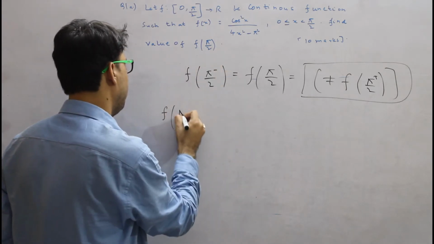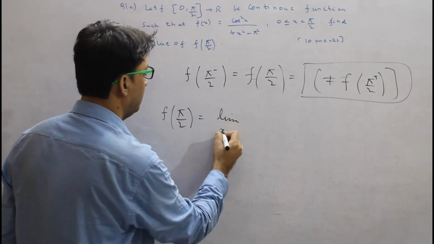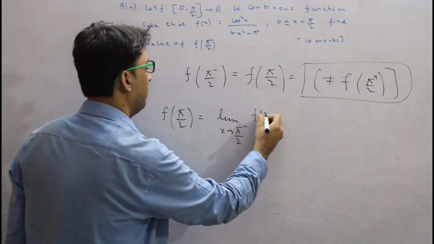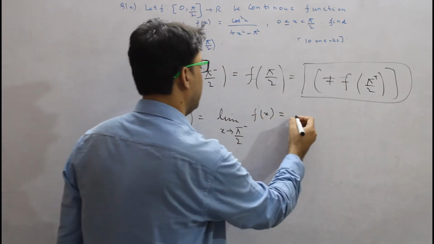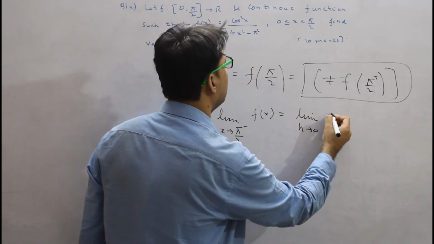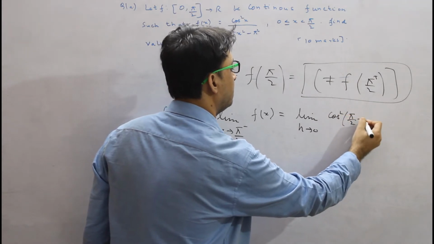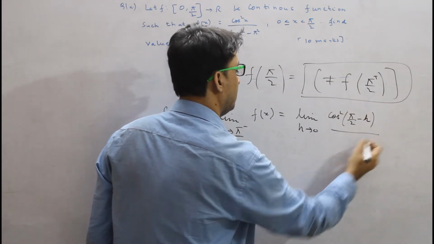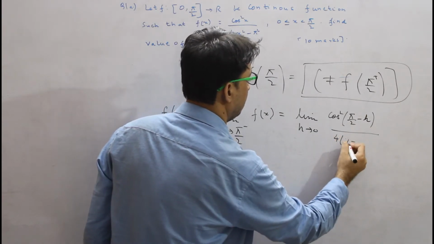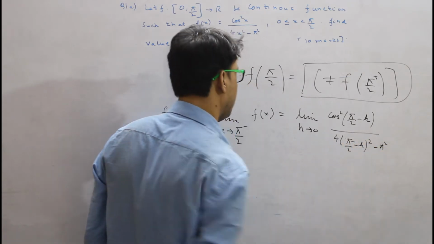So f of pi by 2, we can write this as limit of x tends to pi by 2 minus of f of x. We can write this as limit h tends to 0 of cos square of pi by 2 minus h, upon 4 times pi by 2 minus h whole square minus pi square.